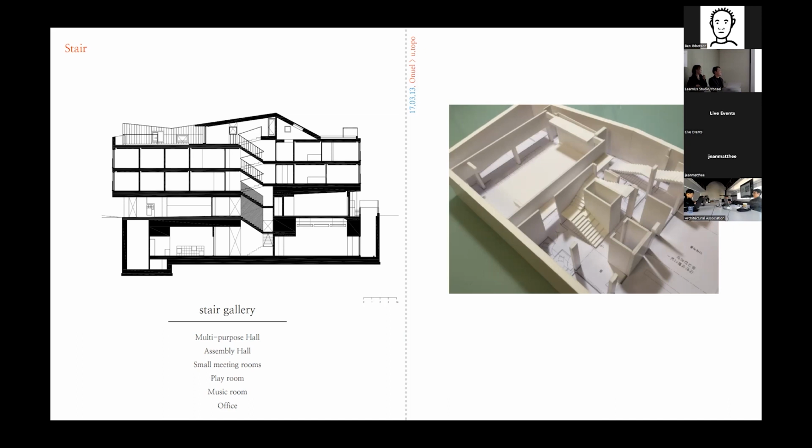As you can see, we had only 3 second and third floors for the living spaces and communal spaces on the ground and basement and attic floors.